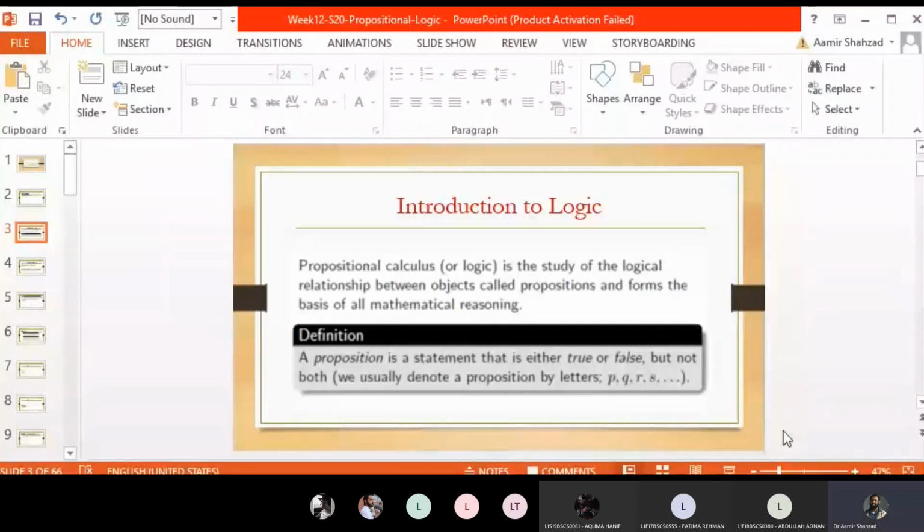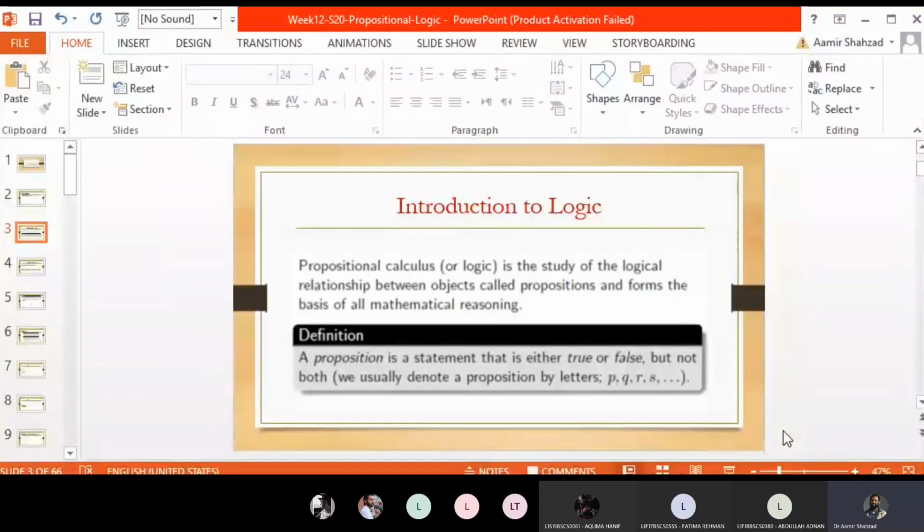For example, P, Q, R, S या X, Y, Z या it could be A, B, C, अपनी आसानी के लिए, so that instead of writing the whole statement again and again, we just assign a variable to the statement and then we talk about that variable. जैसे हम programming में या mathematics में mathematical analysis में करते हैं कि we define a variable and then the variable gets a value and then we do operations on that variable. इस तरह जो हमारी statements हैं उनको हम कोई नाम दे देते हैं. वो हम सिर्फ अपनी आसानी के लिए देते हैं ताकि हमें पूरी स्टेटमेंट बार बार ना लिखनी पड़े.